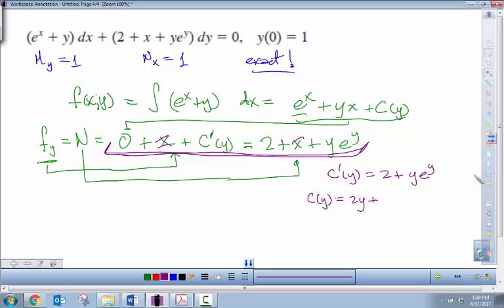So do that in your head. u equals y, dv equals e to the y dy, du is going to be equal to 1, v is going to equal e to the y, and so uv minus the integral of v du, but the integral of e to the y is e to the y.